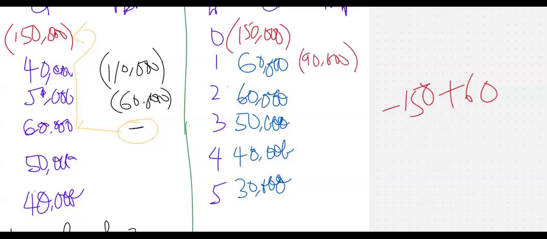Then for year 2, negative 90,000 plus 60,000. How much would that give us? Negative, you have to do it. Negative 30,000. So negative 30,000.